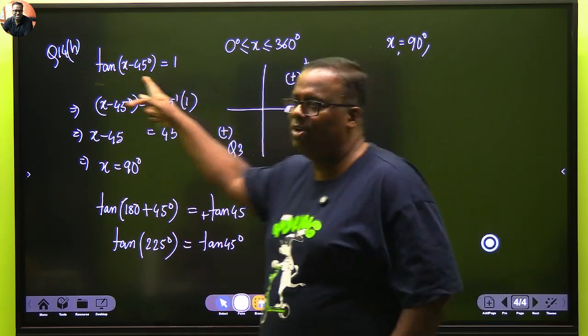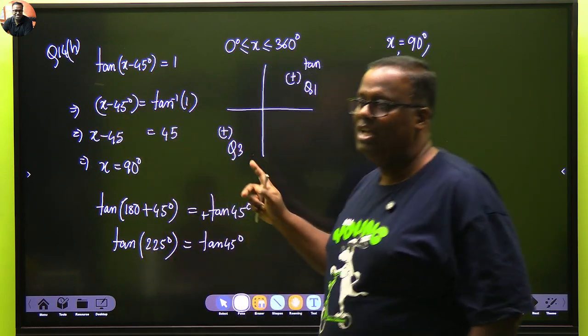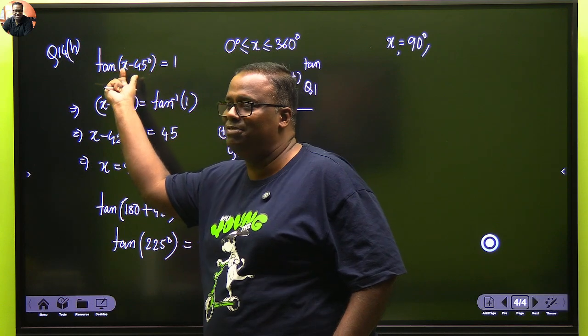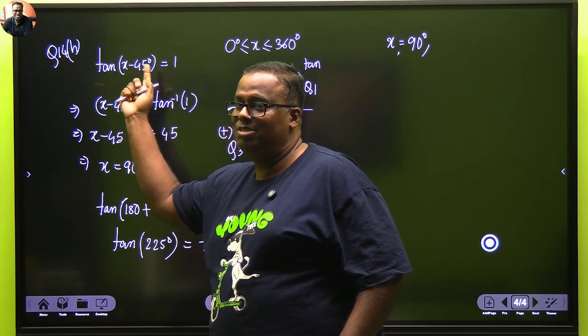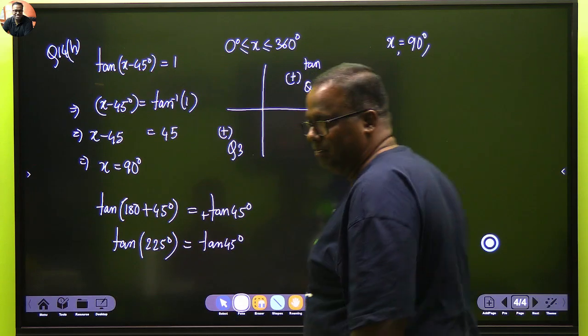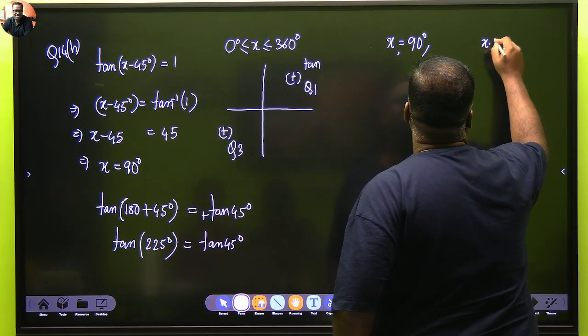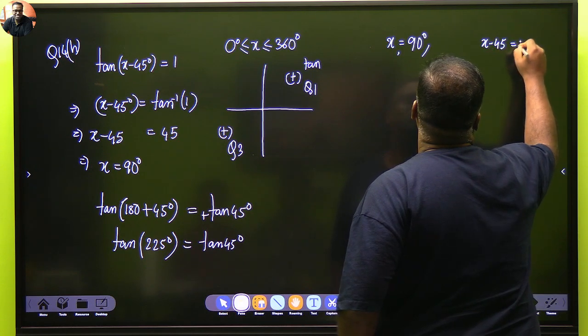See, the difference between this problem and other problems is that in other problems you have to just solve for theta. This time theta is given as x minus 45, so x minus 45 is 225. Did you understand? x minus 45 is equal to 225.